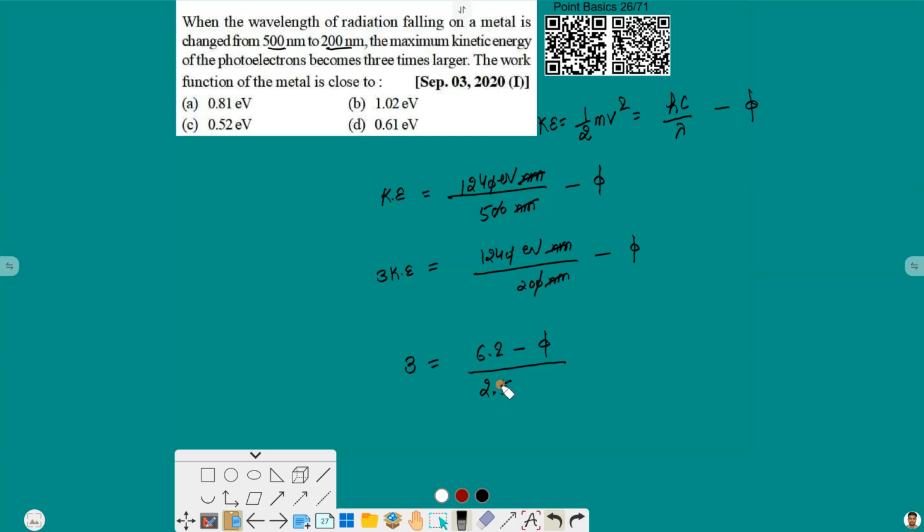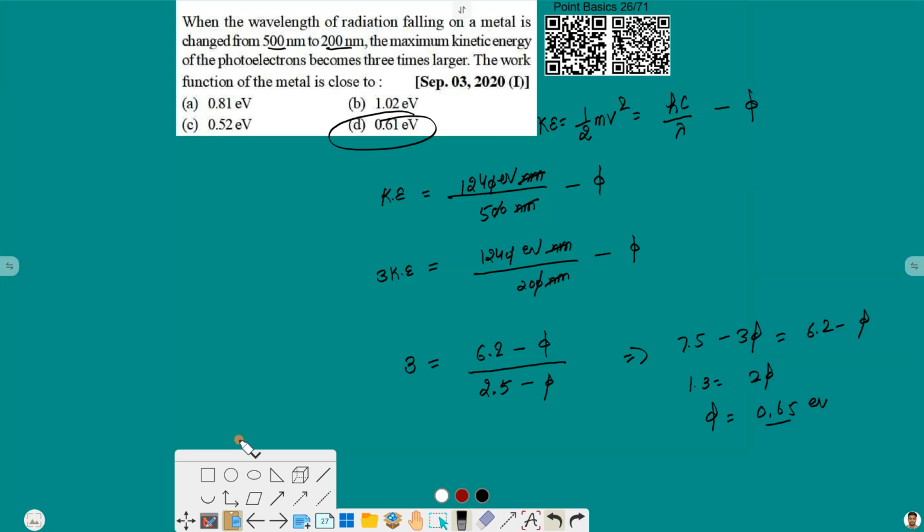I'm approximating here 6.2 divided by 2.5 as approximately 2.5, assuming that this is 125 divided by 5. Now if I solve it further, this will give us 7.5 minus 3 phi is equal to 6.2 minus phi, and this will give us 1.3 is equal to 2 phi, or phi is equal to 1.3 by 2, that is 0.65 electron volt. That is nearby to option D here.